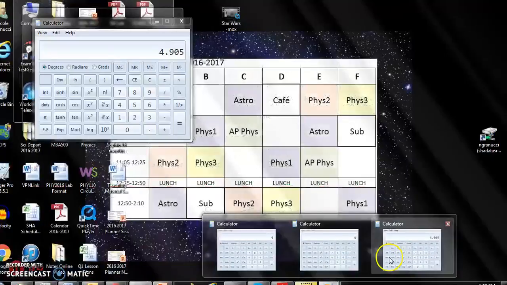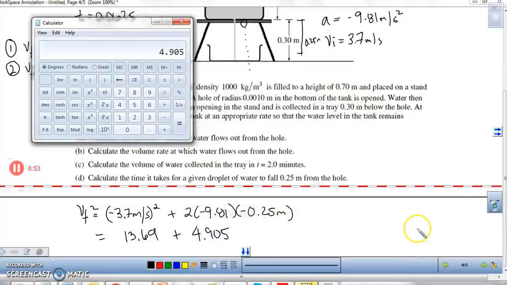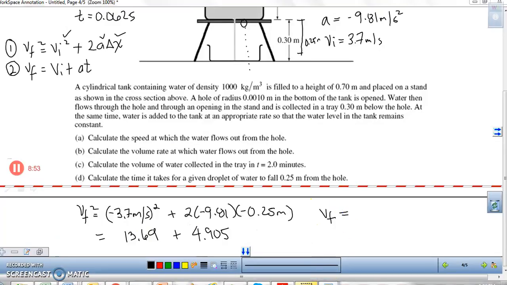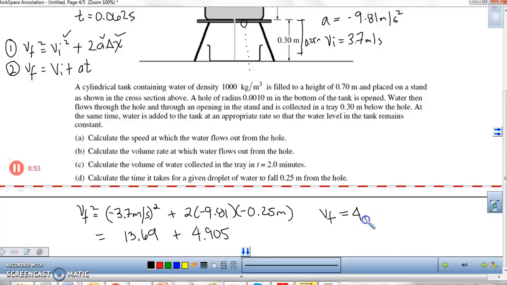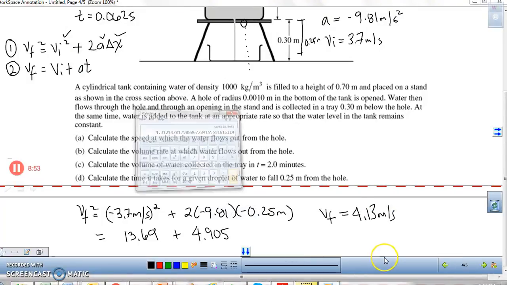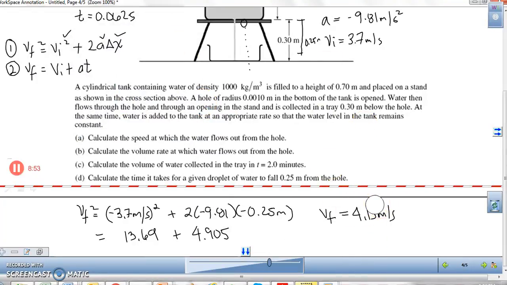So let's go ahead and add that up: plus the 13.69, and then I'm going to square root that. So the velocity we got was 4.31. I messed that up at first, so let's just change that. So 4.31.